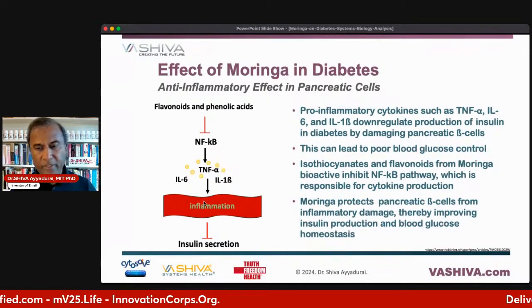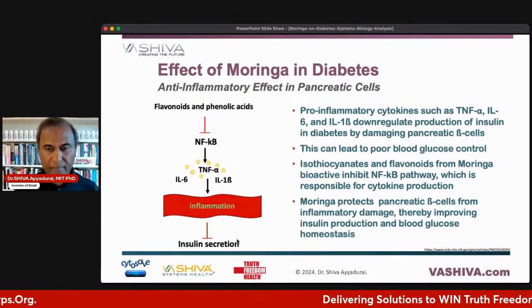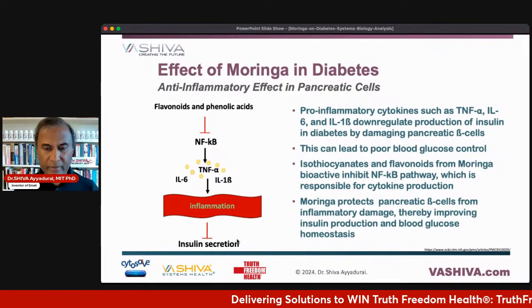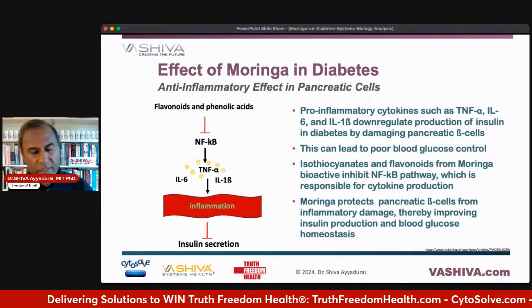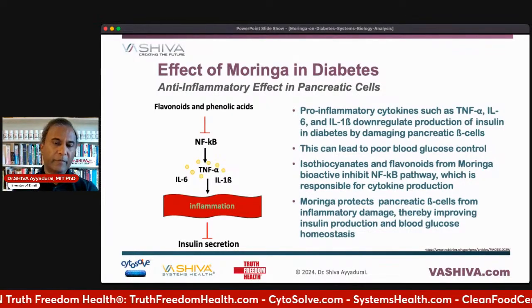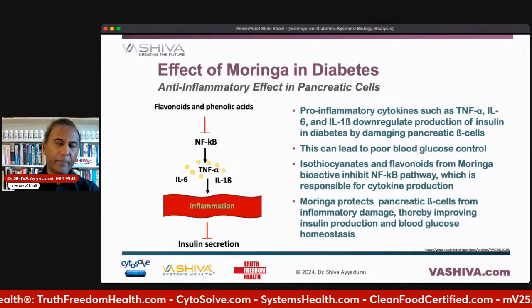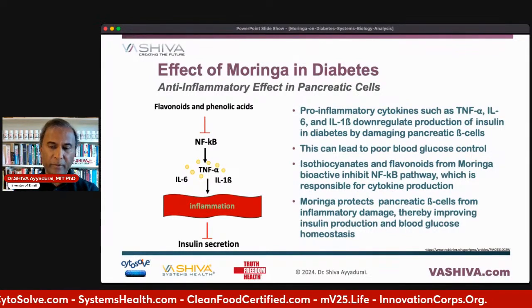You start damaging the pancreatic beta cells, and then you have dysfunction in insulin secretion. So Moringa actually has a protective effect on the pancreatic beta cells from inflammatory damage. And thereby what it's doing is it's improving insulin production and blood glucose homeostasis.